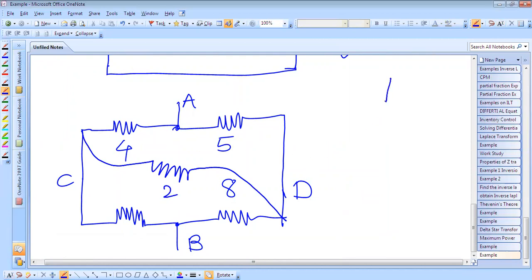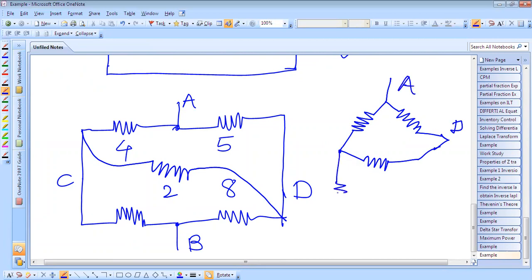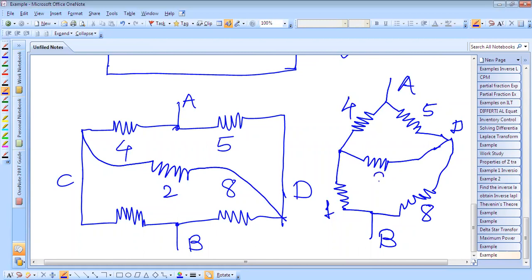If you redraw this circuit like this, okay, so this is B, this is 8 ohm, this is 1 ohm, this is 4, 5, and this is 2 ohm.